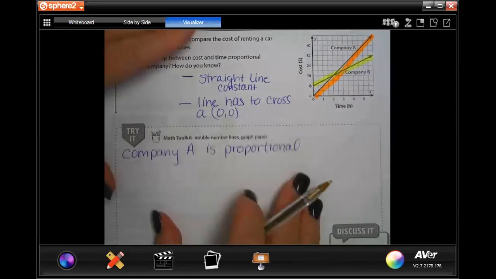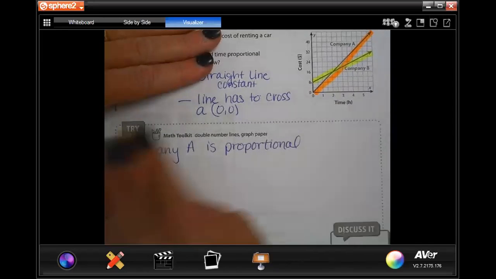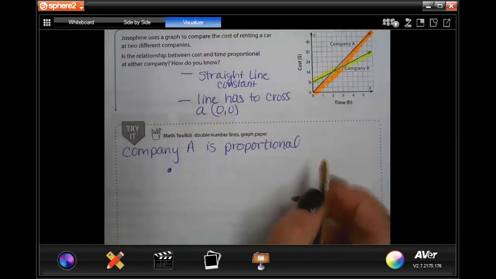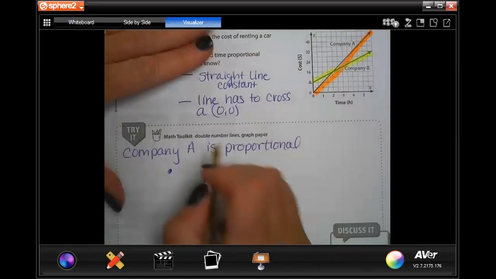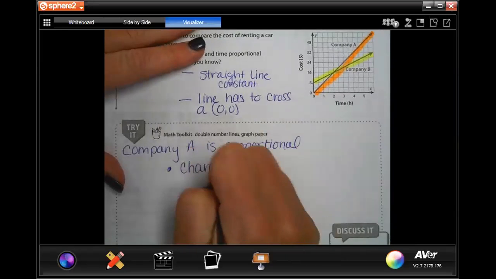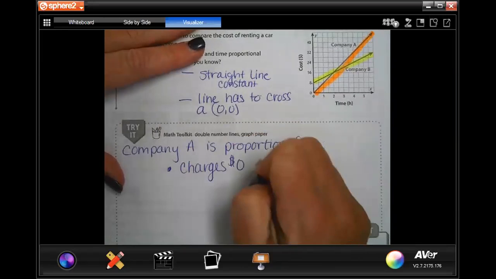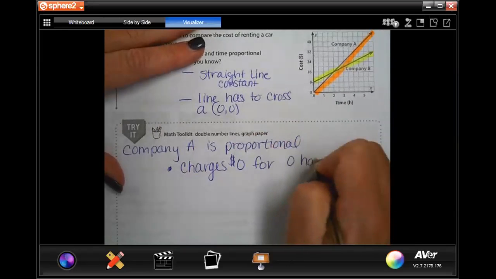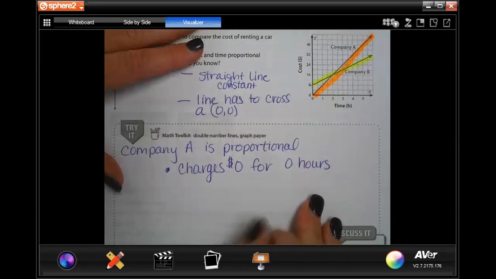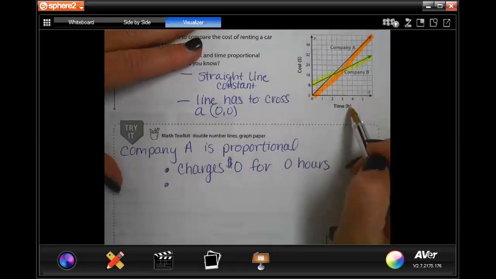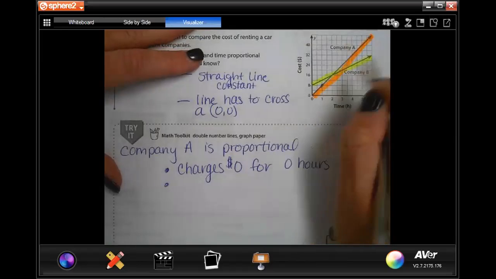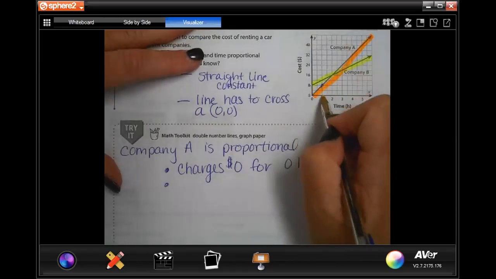Now, let me explain to you what it is. So company A is proportional, and this is how you would need to explain it. So the graph, renting a car. Company A charges $0 for 0 hours. Company A charges $0 for not renting the car at all. Then if we look at company A, remember we talked about to find the unit rate, the constant, we go where 1 is.